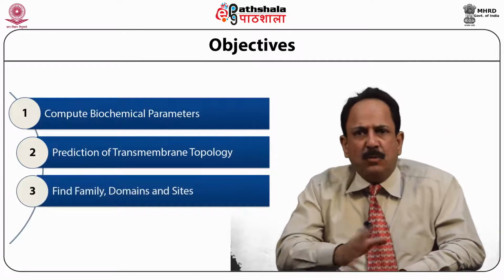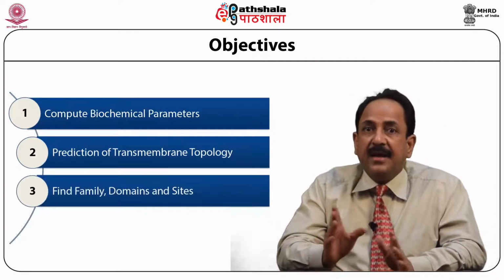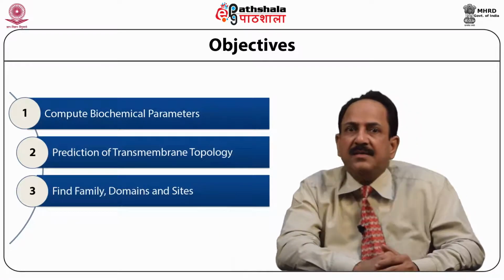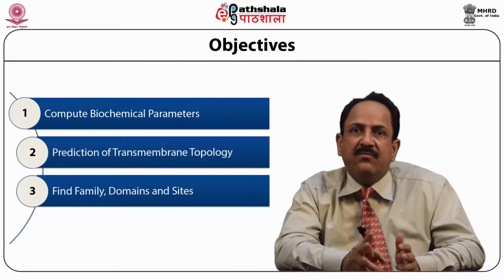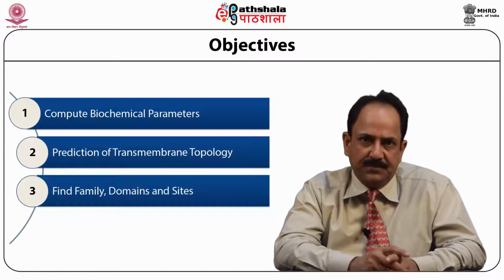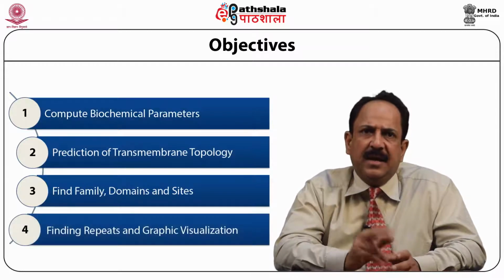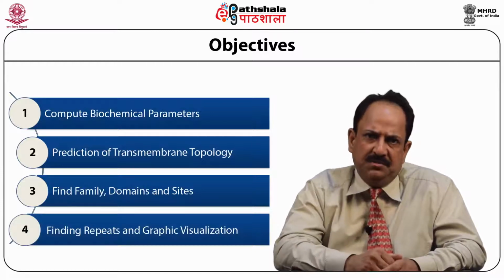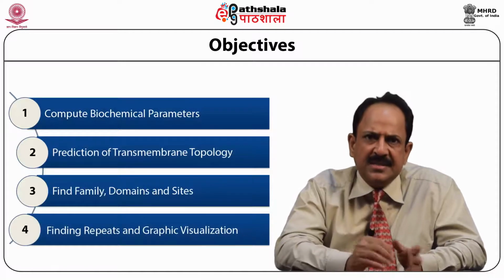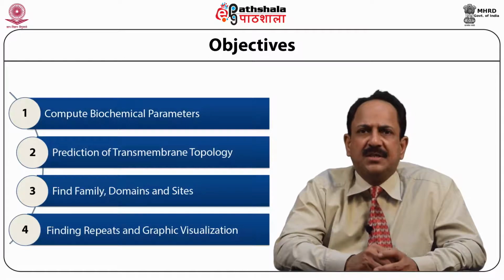Finding families, domains, and sites gains in significance for assigning function to the protein sequence. Finally, finding repeats and their graphic visualization enables to understand their important functions within the cell.